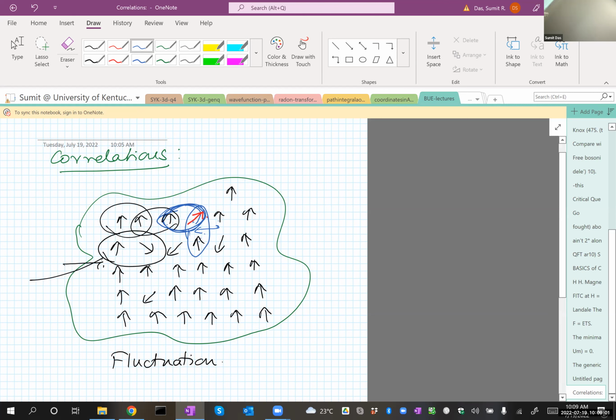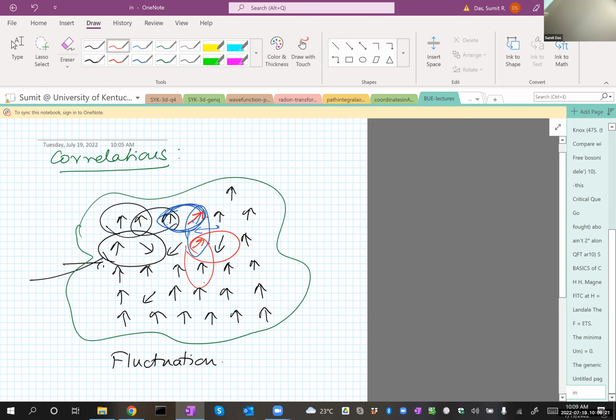So if these try to align themselves like that, then the problem comes with these three. And yes, as you can see, this kind of disturbance propagates throughout the sample.